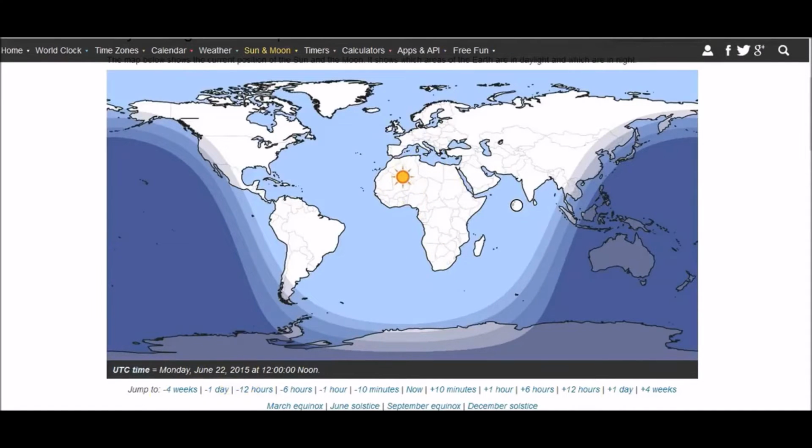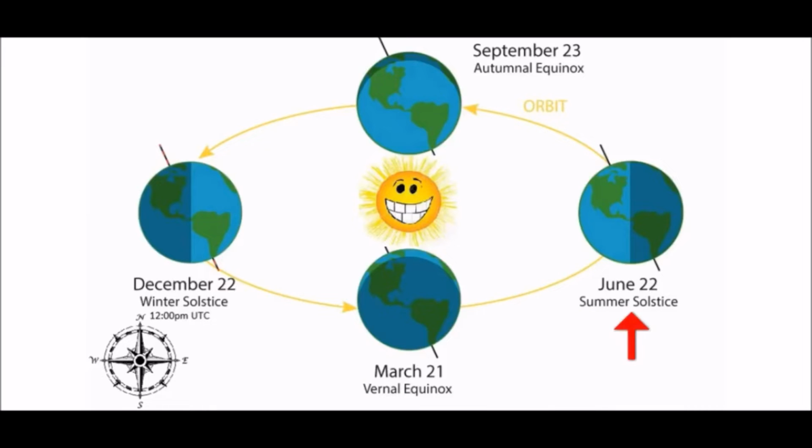Here's the problem. On June 22nd, during the summer solstice, Africa, if we are rotating in 24-hour periods, unless something has changed somewhere and changed drastically, like somehow we have lost or gained 12 full hours, Africa is facing space. It won't be facing the sun.